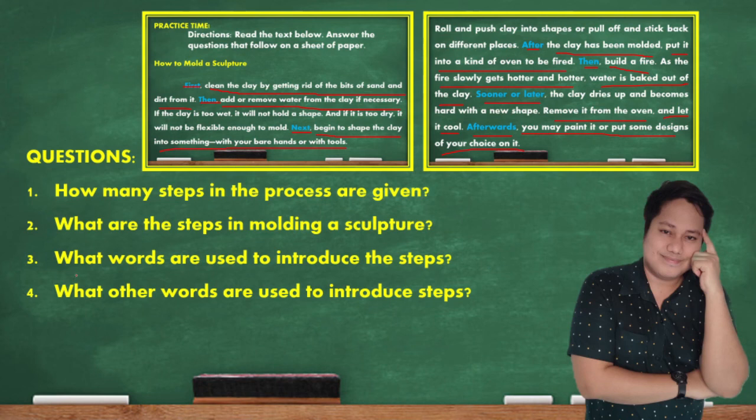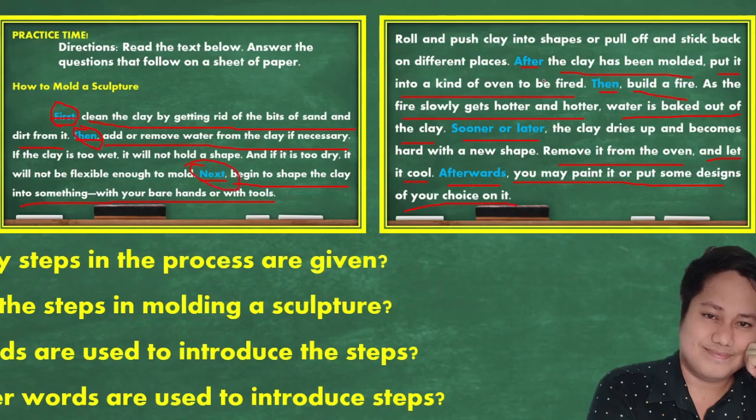Number 3, what words are used to introduce the steps? Of course I have mentioned those already. Our signal words. Okay, so here are our signal words. I hope that everybody is getting the time order type of text.